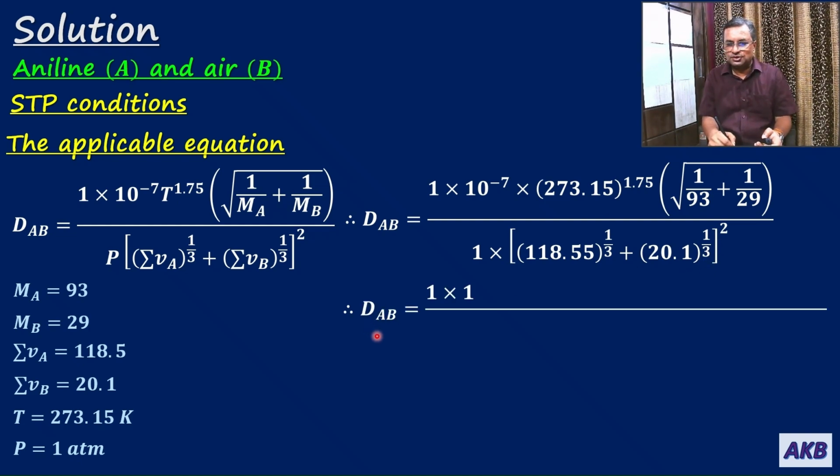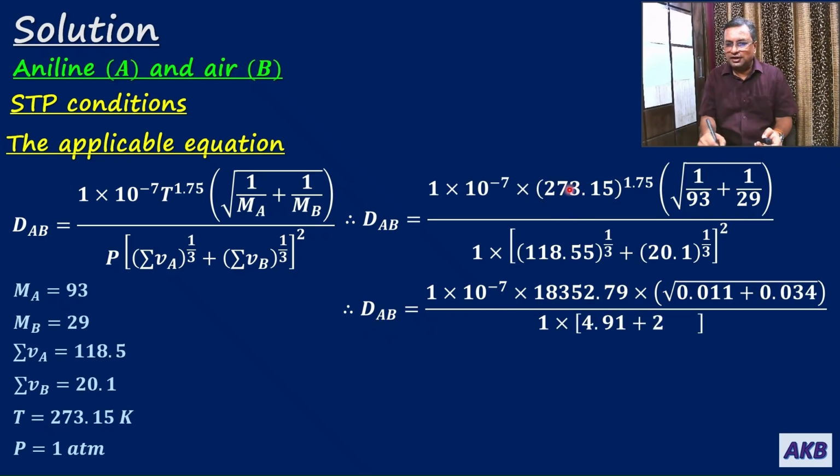So DAB is equal to 1 into 10 to the power minus 7 into 18352.79 into the square root of, 1 upon 93 is 0.011, 1 upon 29 is 0.034, so 0.011 plus 0.034, divided by 1 into, 118.55 raised to 1 by 3 is 4.91 plus 20.1 raised to 1 by 3 is 2.72, and square of this.